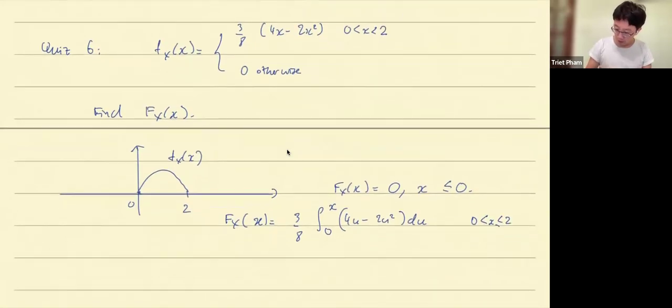Which will be 3/8 times (2u squared minus 2/3 u cubed), sorry, 2x squared.